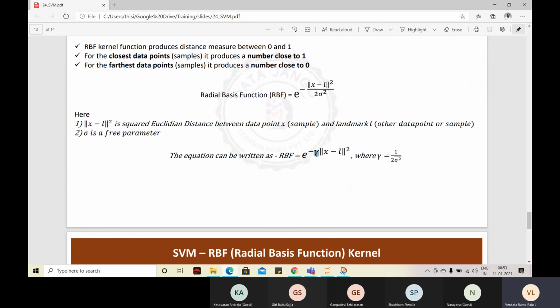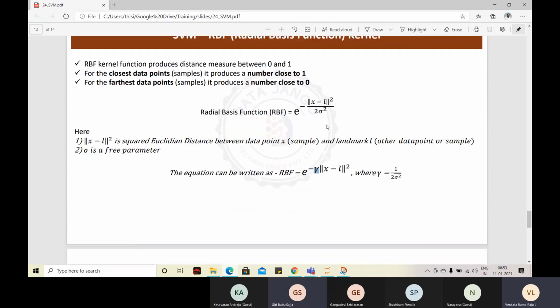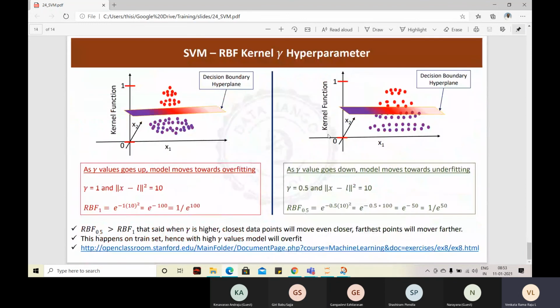Oh, okay. They made it simple. That's fine. Simple, right? If you take 2 sigma square and put gamma there and try to divide and all that, it's going to be complex. To explain it simply, I took gamma equal to 1 and 0.5.